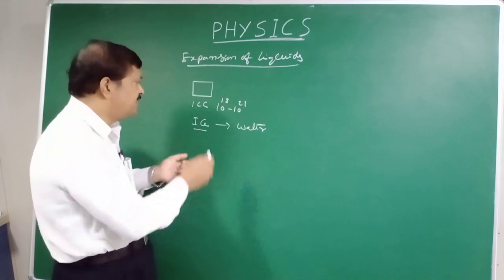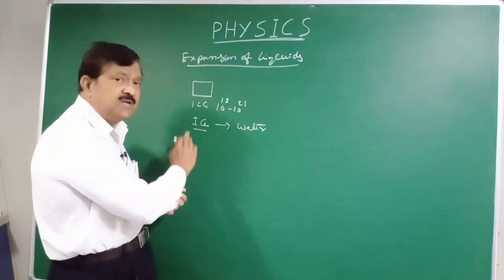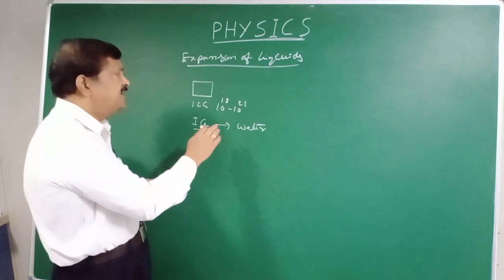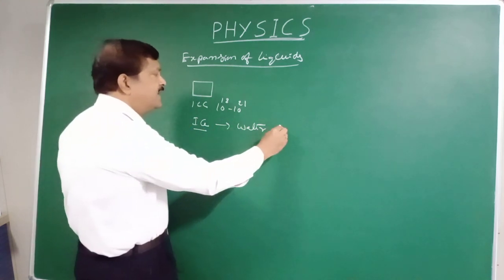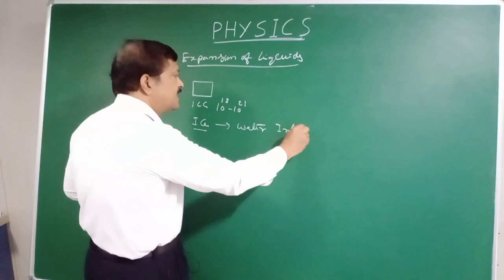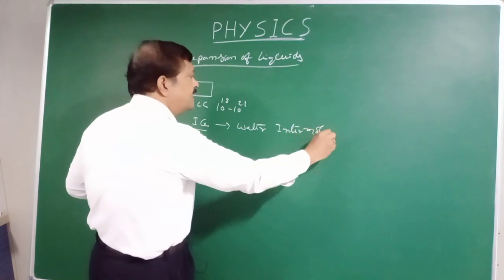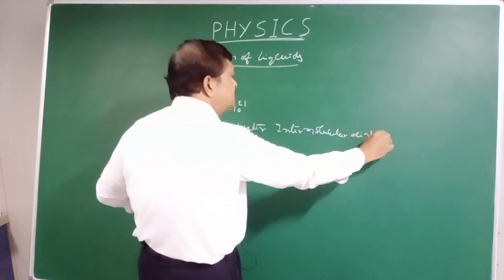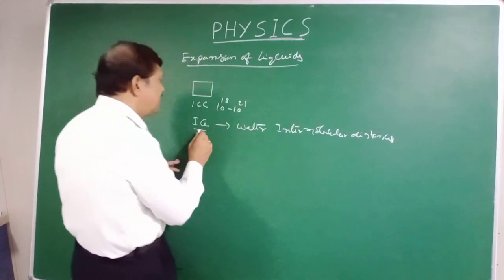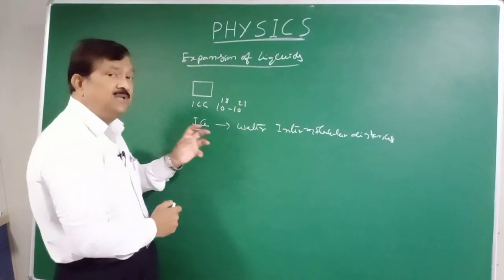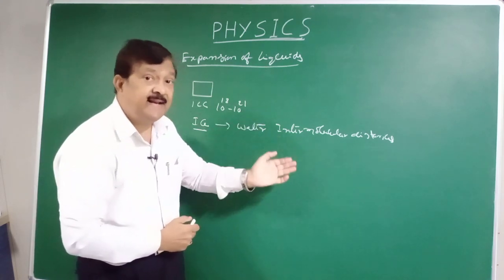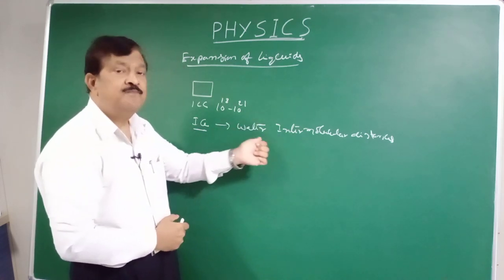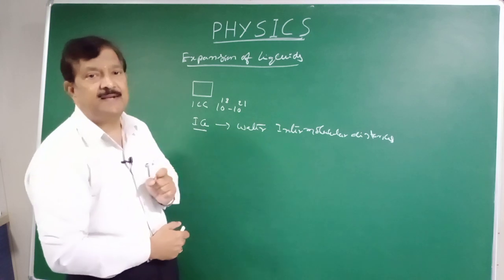But in the conversion from ice to water, that is solid to liquid, what is basically changing is intermolecular distances. The distances are very small in case of solids, but now the distances are moderately increased so that the substance will be converted into liquid state.